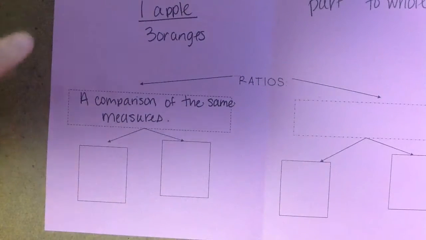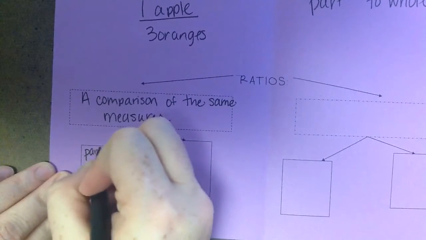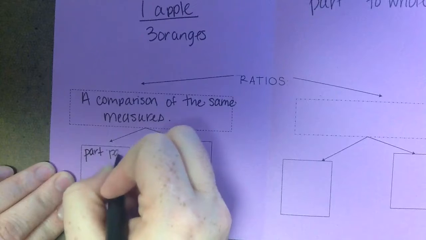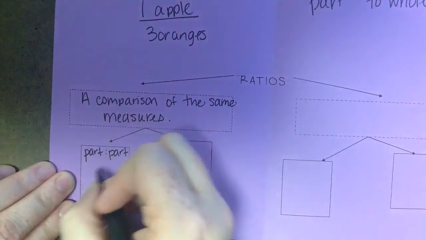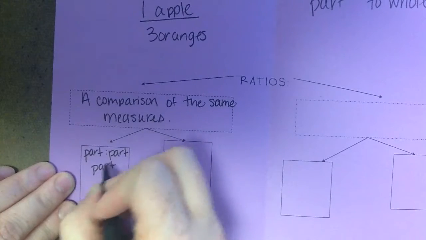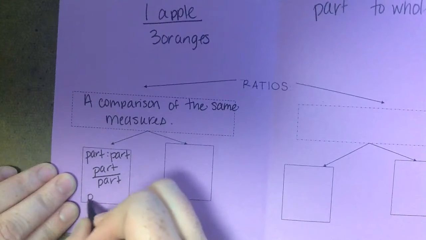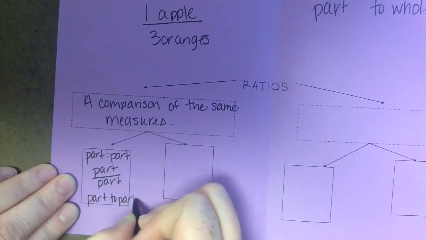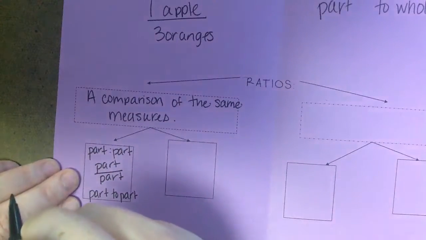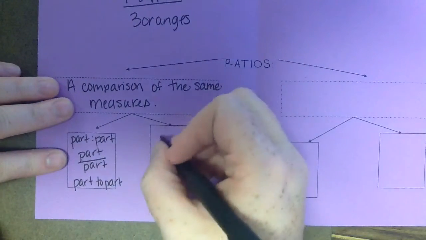Okay, so a comparison of the same measures, which is what we were talking about, the ratio relationships. It's going to be your part-to-part measure, so the apple to orange measure, and then your other measure is the part to whole relationship.